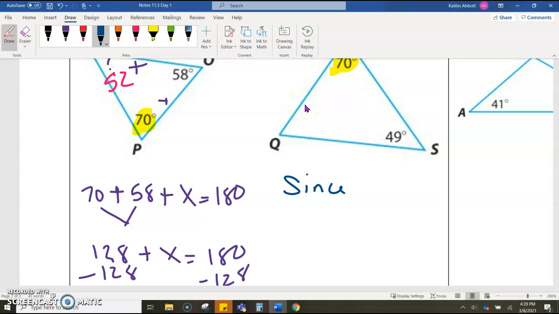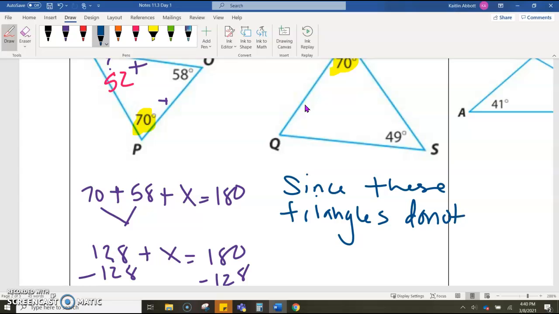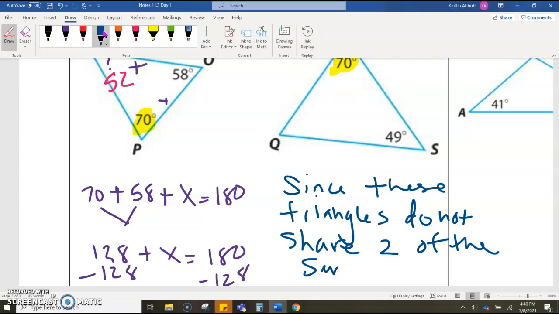Since these triangles do not share two of the same angles.